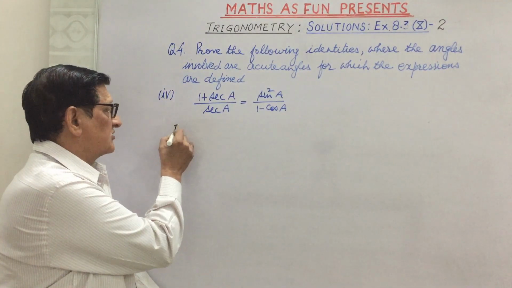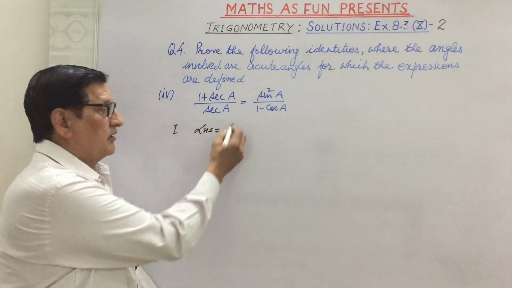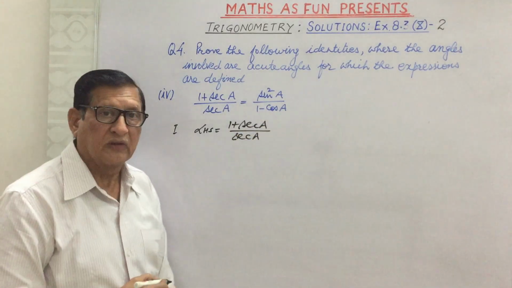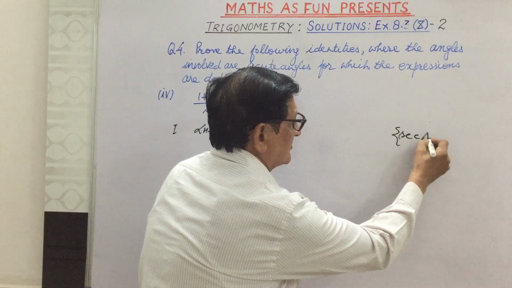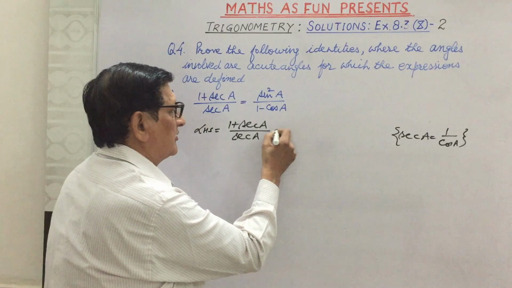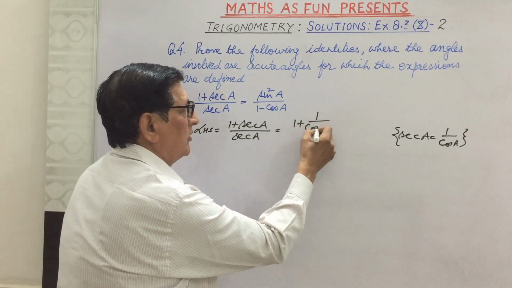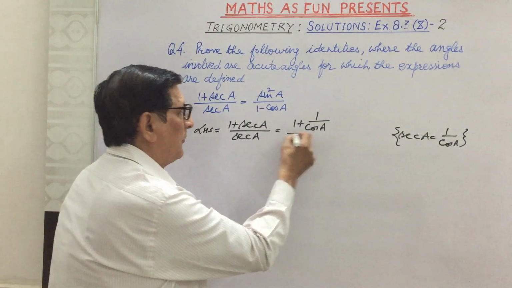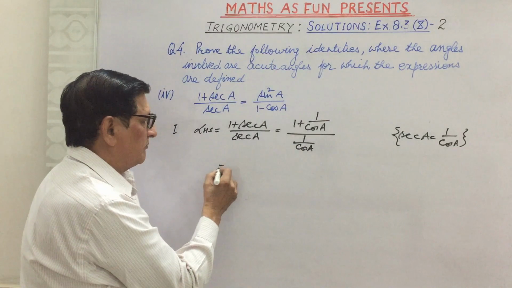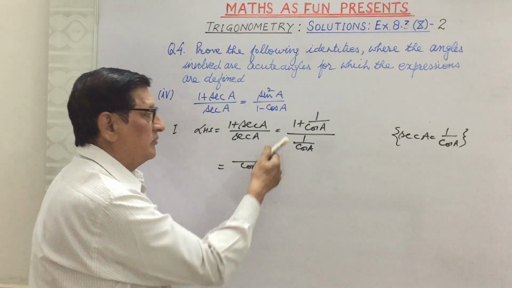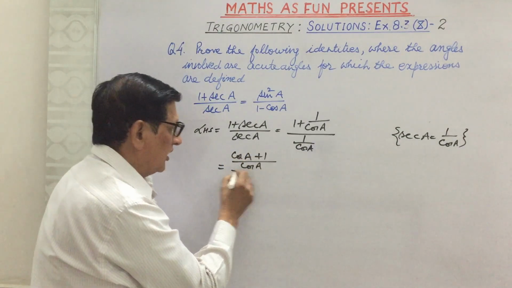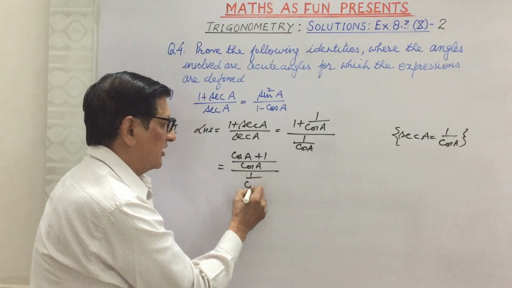The first one here is, if we start with the left hand side, that is 1 plus sec A upon sec A. We know that sec A is equal to 1 upon cos A. If we apply that here, we can write this as 1 upon cos A plus 1 upon 1 upon cos A. If we take the LCM, this will be cos A as the LCM in the numerator. And here it is cos A plus 1 whole upon 1 upon cos A.